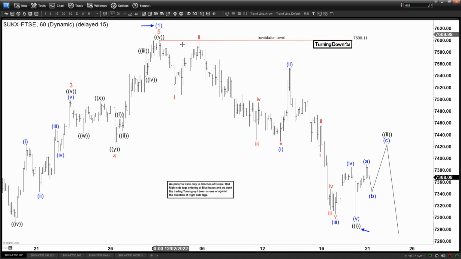Because again, we should be in wave 2, which is corrective, and wave 2 in blue should be in the form of three waves, because that's the definition of wave 2. It has to be corrective.